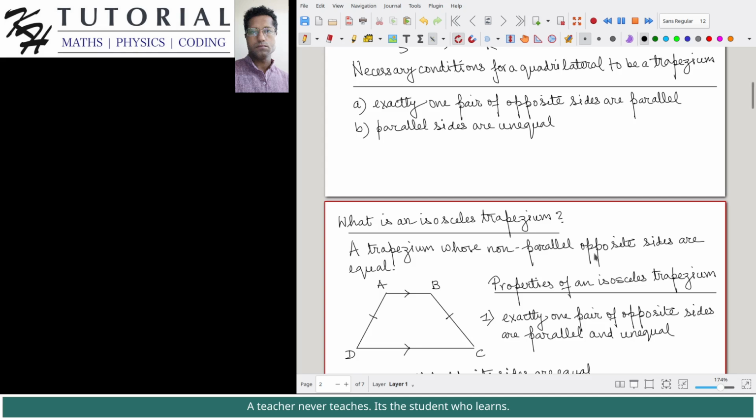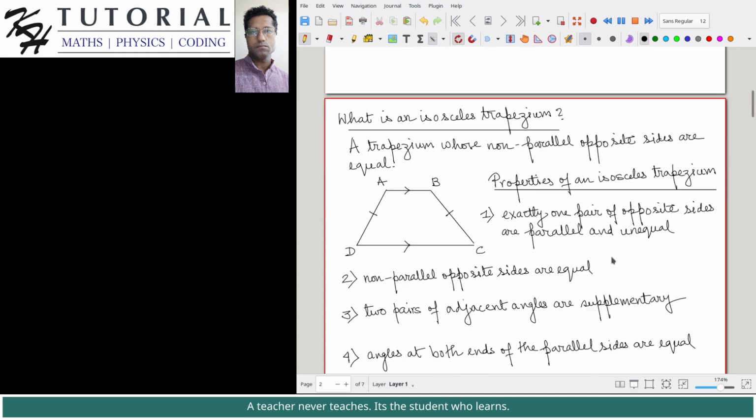So an isosceles trapezium is a trapezium with the additional property that the non-parallel opposite sides are equal, but they are still non-parallel. As you can see in this figure, ABCD is an isosceles trapezium.